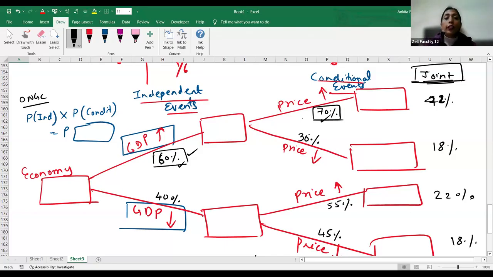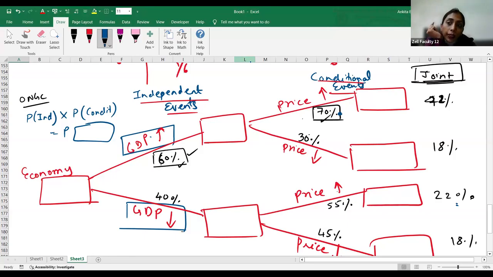What is the probability of price increase, guys? 70% is the probability of price increase if GDP has increased. 22% is the joint probability of GDP decrease and price increase.